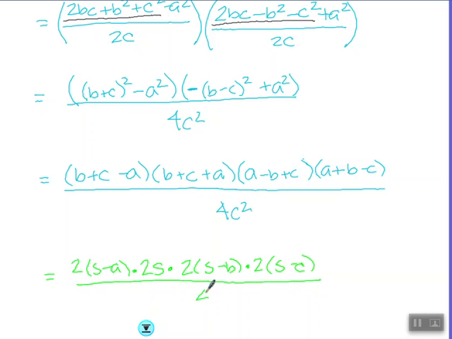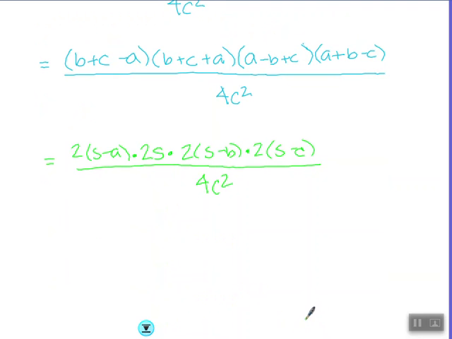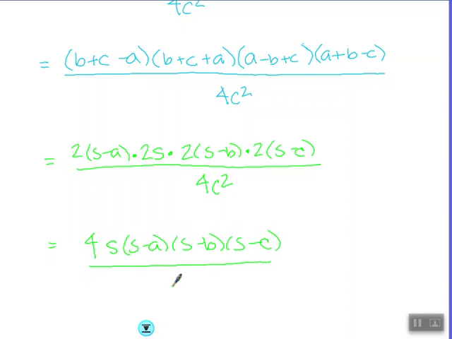Still all over 4c squared. Now we're almost done. We need a little bit more simplifying. So if I multiply these 2's together, I get 16. Divide by 4 gives me 4. And then I have s minus a, s minus b, s minus c over c squared.